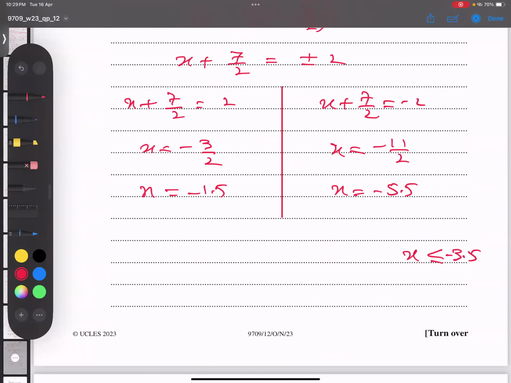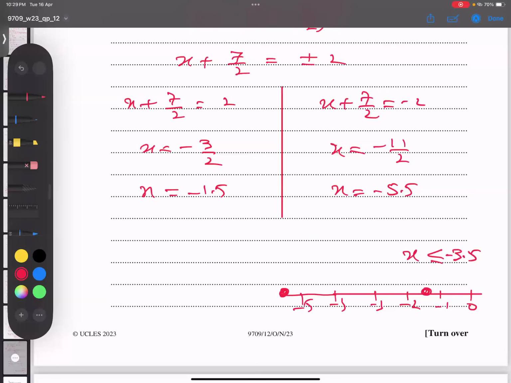So look at both values here. Counting 0, negative 1, negative 2, negative 3, negative 4, negative 5, this answer is coming in the middle here and this answer is coming somewhere here.